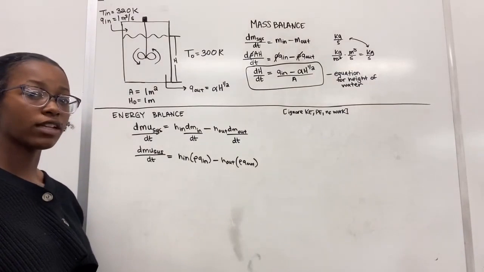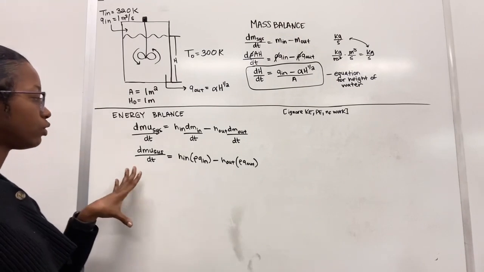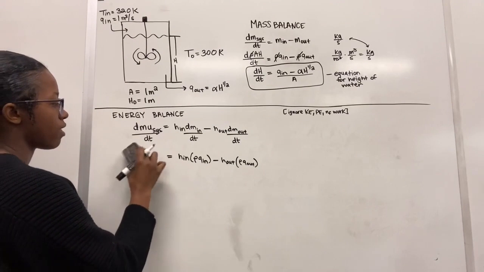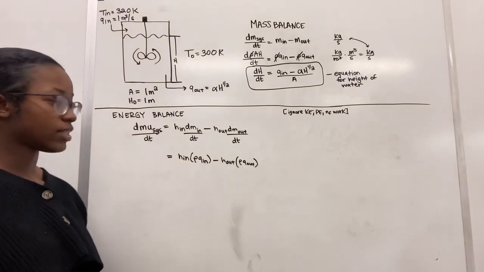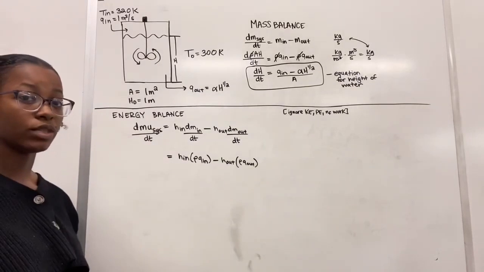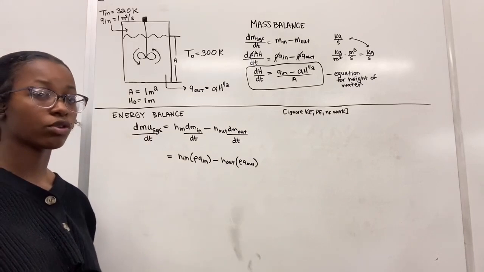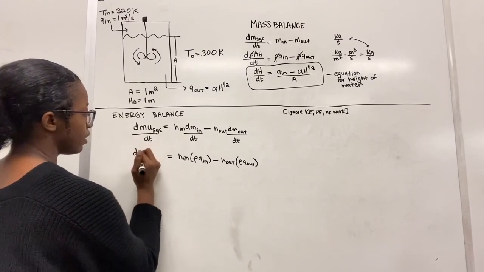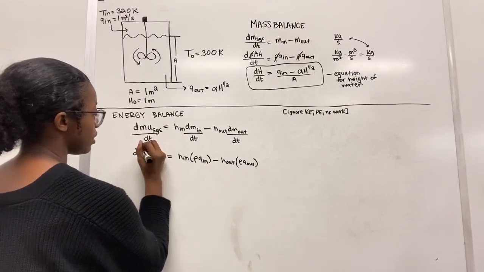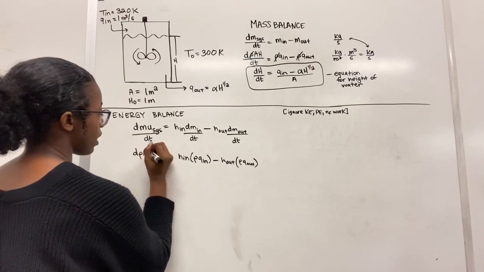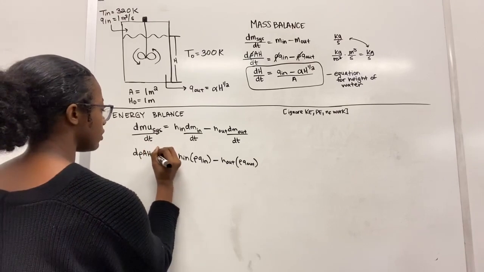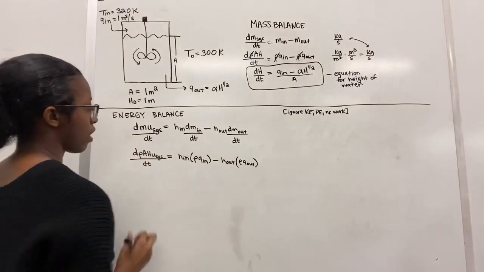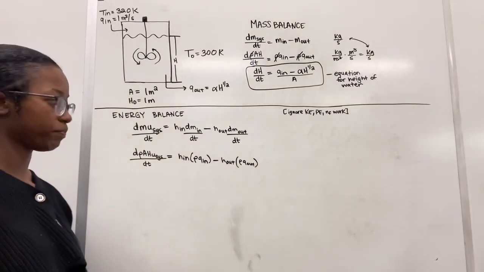And so we can also do the same thing to the left-hand side, because we know, as we did in the mass balance, that the mass is equal to the density times the volume, and the volume is equal to the cross-sectional area times the height. So we can rewrite this as d of density times the cross-sectional area times the height times the internal energy of the system, all with respect to time.